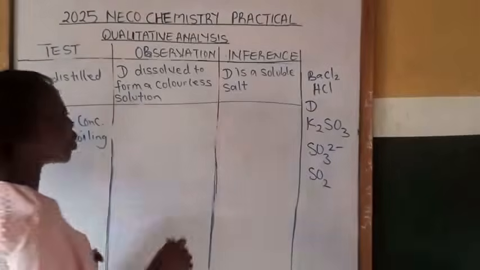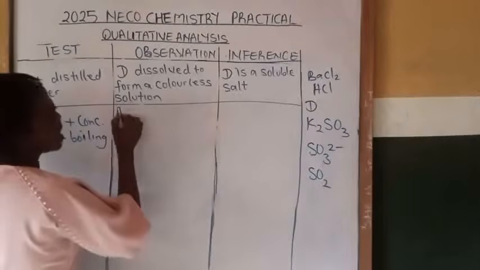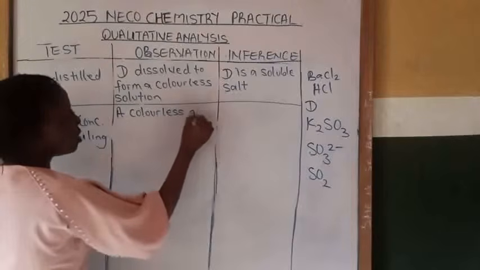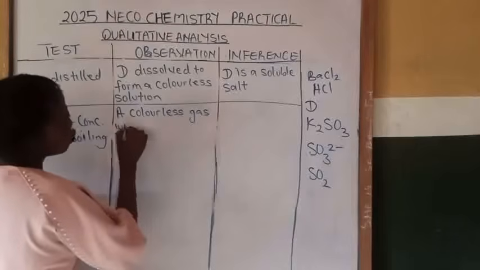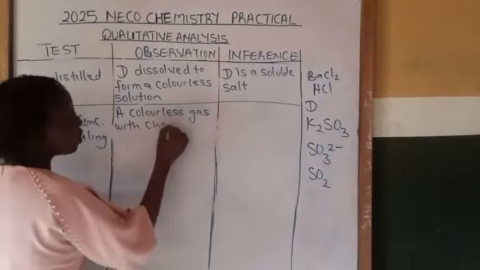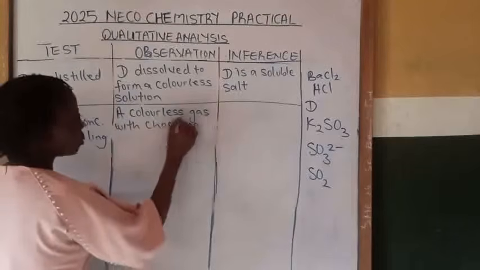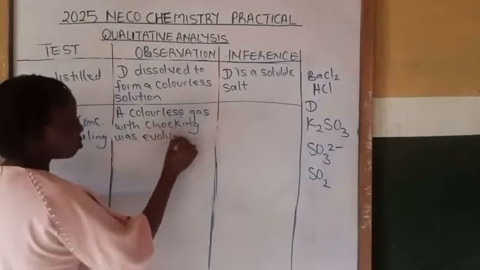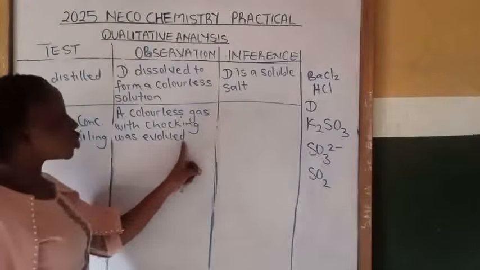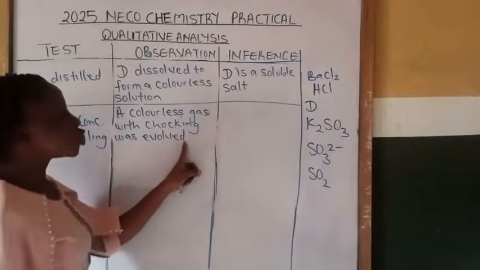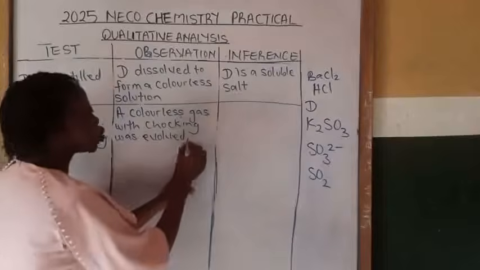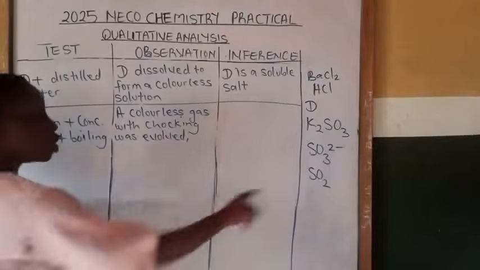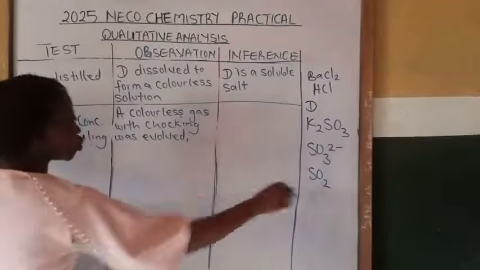So what will happen on boiling? A colorless gas with choking smell was evolved. So the gas will decolorize the purple color of KMnO4 to confirm the presence of SO2 gas.